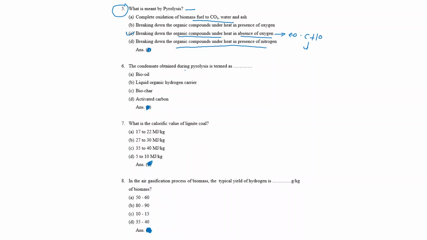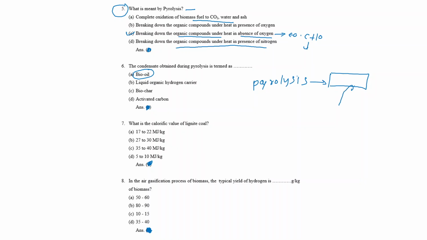The condensate obtained during pyrolysis is termed the bio oil. When the condensation is done, obviously bio oil will be generated. In the pyrolysis process, firstly the volatile organic matter will be produced.